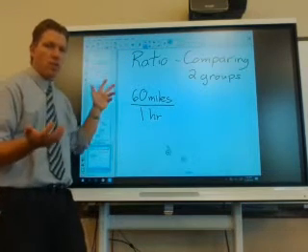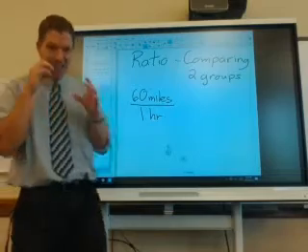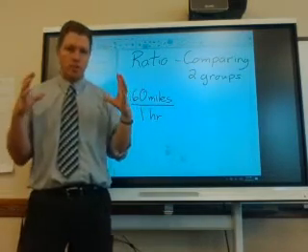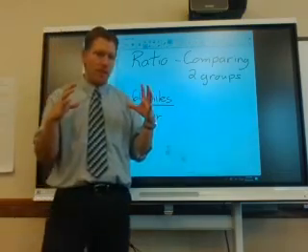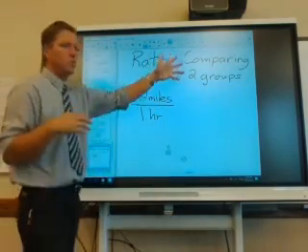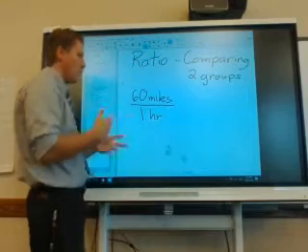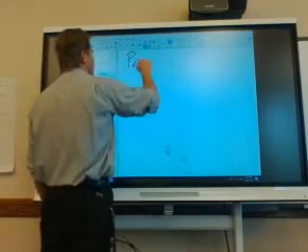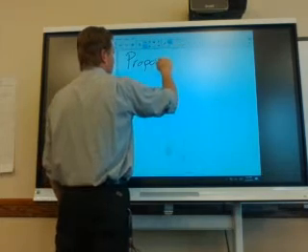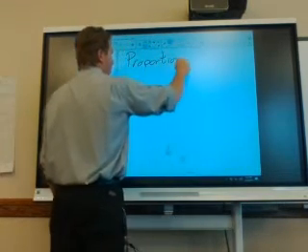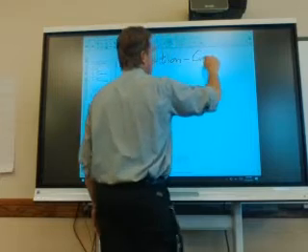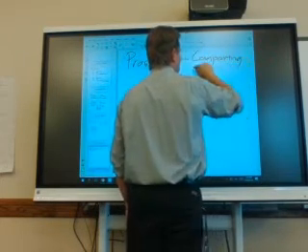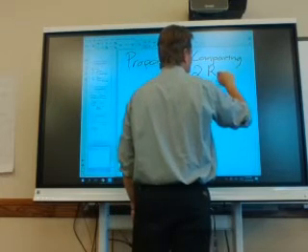All fractions are ratios, okay? But they are a subgroup of the bigger deal of ratios and rational numbers, okay? So anytime that I'm comparing these two groups, I'm writing a ratio. A proportion is comparing two ratios.